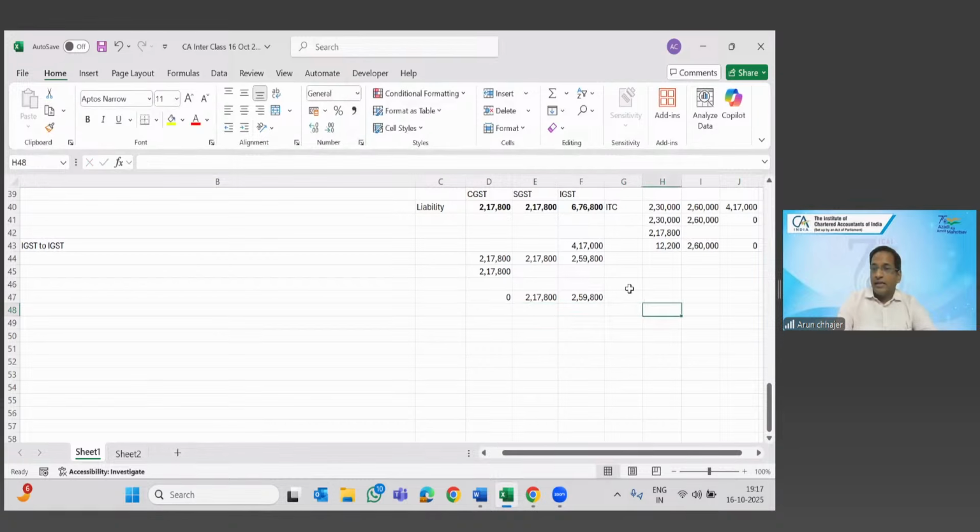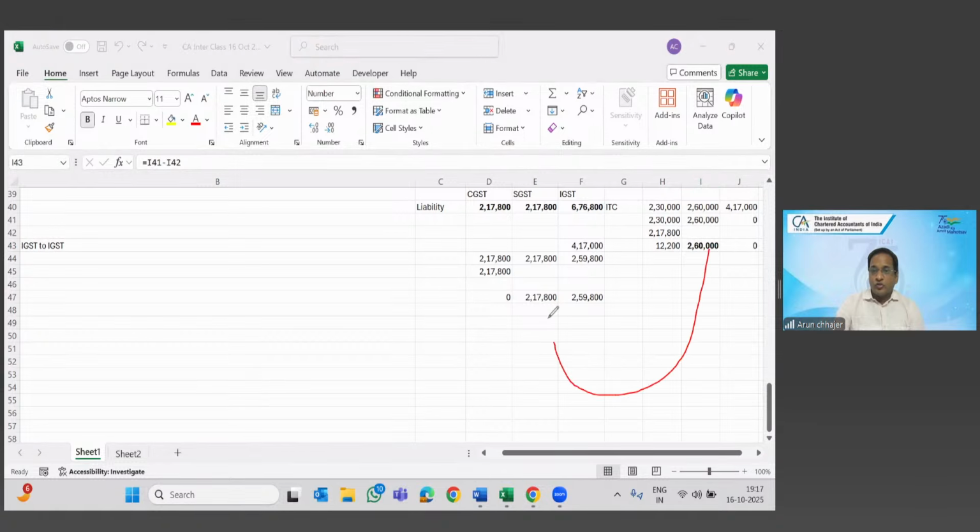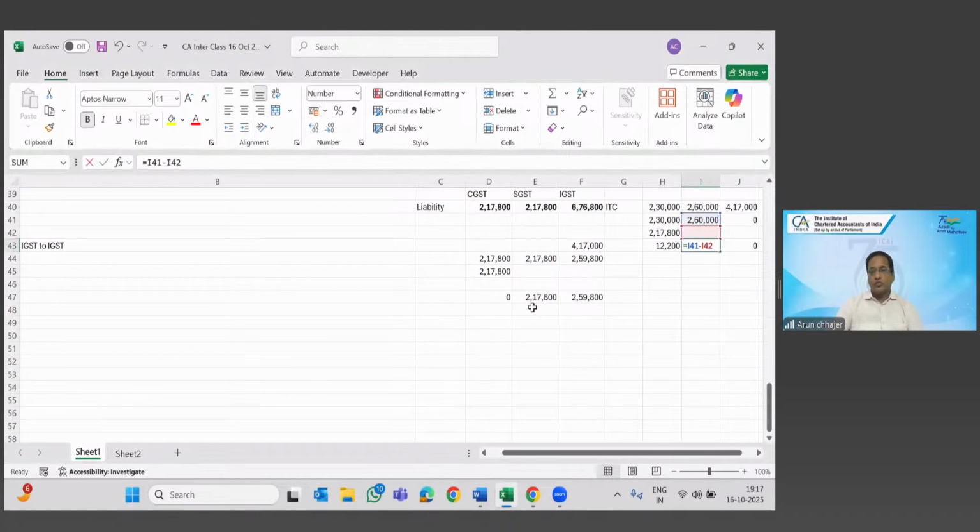So the SGST का ITC, will this be given first to SGST? Yeah, it will be given first to SGST. तो क्या होगा?